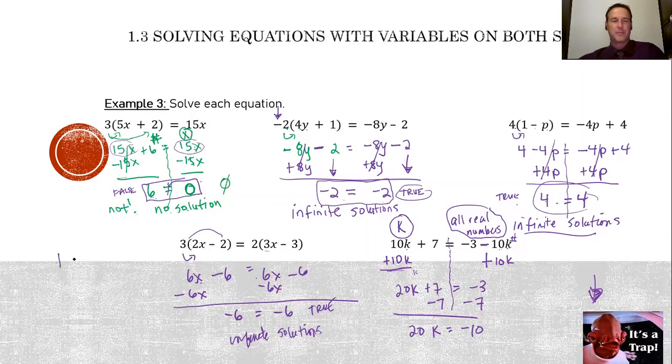Remember, we always try to do plus or minus first, add or subtract, and then the multiplication and division is always second. We've already done this piece, we have to divide. Divide by what's with the k, which in this case is 20. Okay, and we are set.